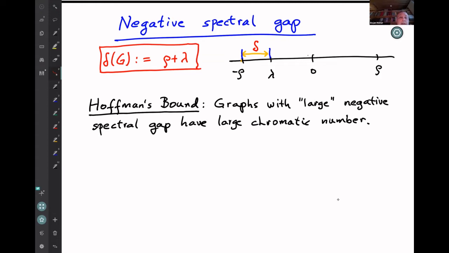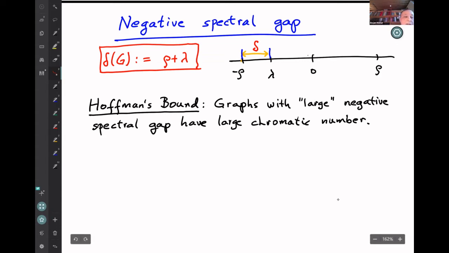For the purpose of this talk, I will use lowercase delta of G, or just delta, to be the gap between minus the spectral radius and the smallest eigenvalue. That is, delta equals lambda plus rho, and this is a non-negative number. That's what we know.